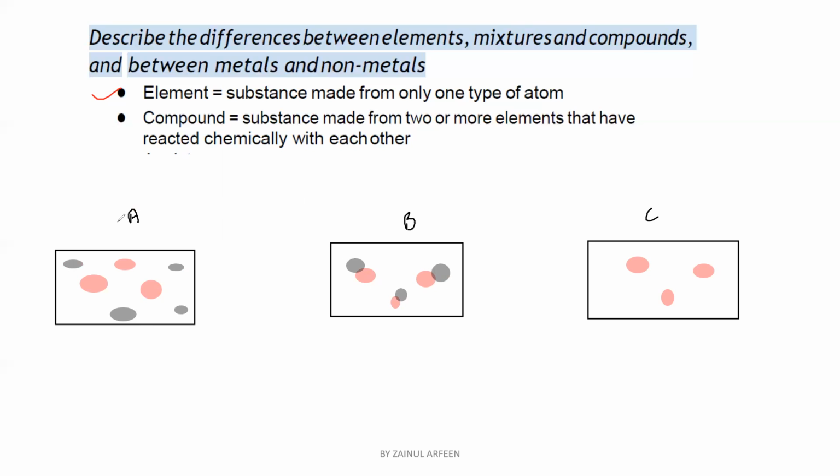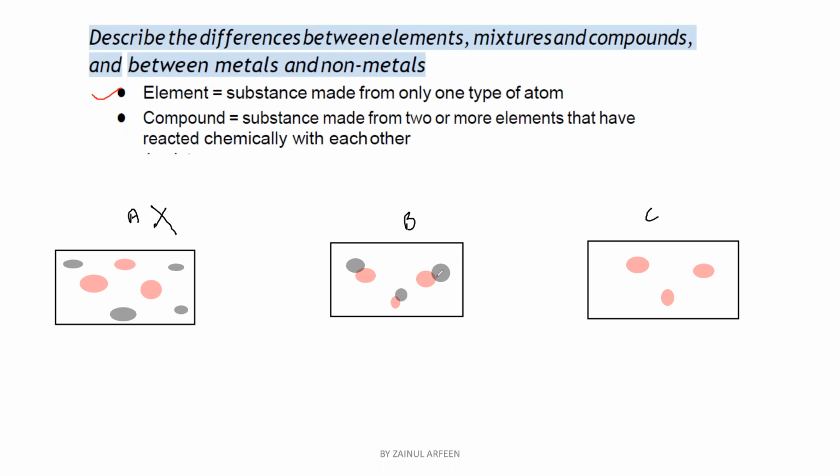First one, A. Is A a compound? Yes or no? So A is not a compound because A consists of different types of atoms, but they are not chemically joined together.